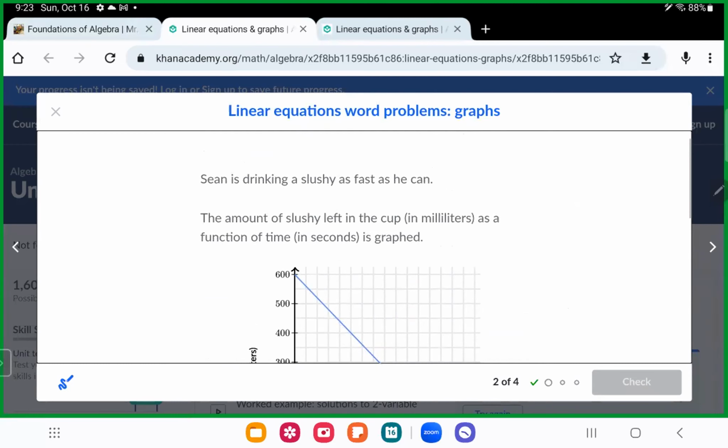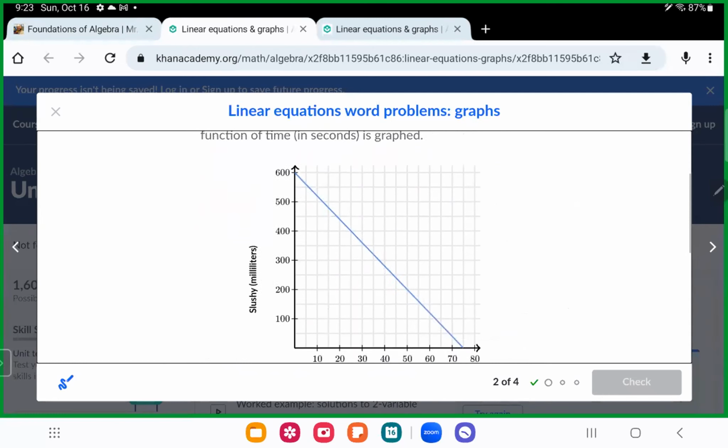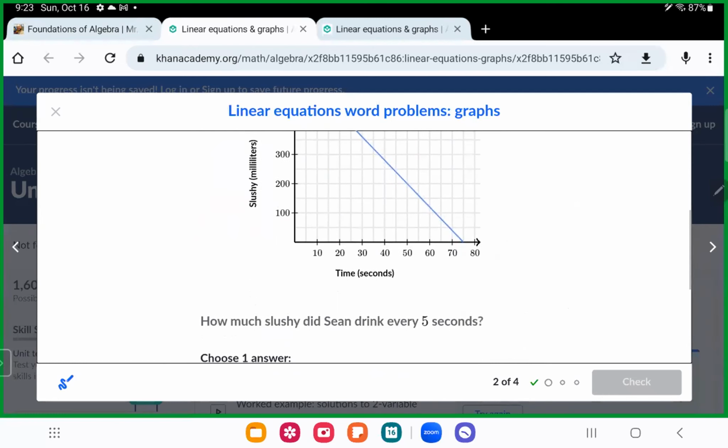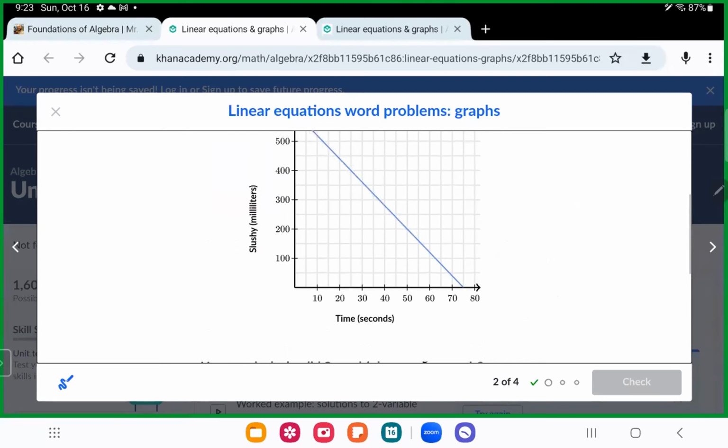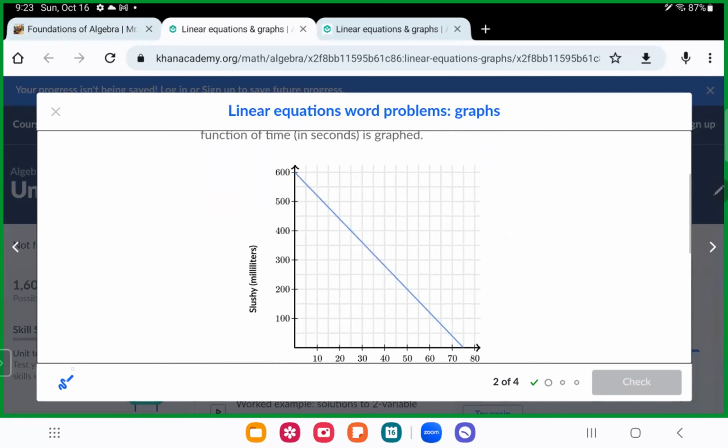Sean is drinking a slushy as fast as he can. Go, Sean. The amount of slushy left in the cup in milliliters as a function of time in seconds is graphed. How much slushy did Sean drink every 5 seconds? So, every 5 seconds. Let's talk about this.